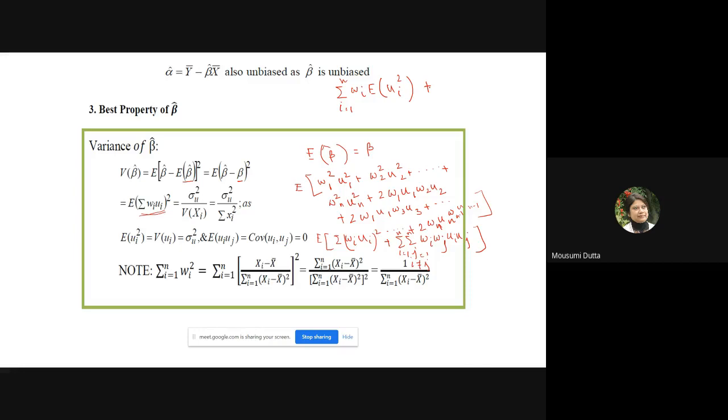If I operate expectation on this term, wi is xi minus x bar divided by summation xi minus x bar whole square, and using the convention, I'm considering xi to be non-stochastic. So can we write the first term while operating the expectation in this way?